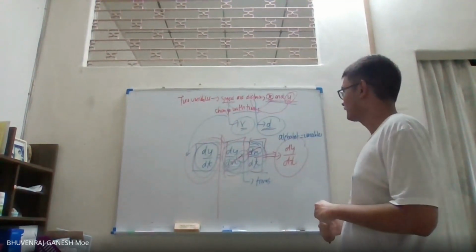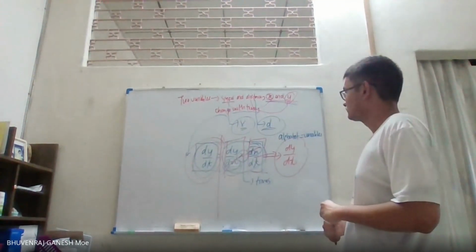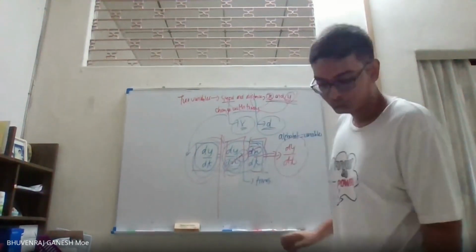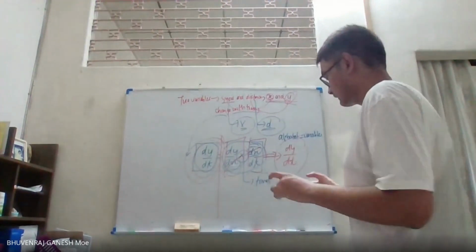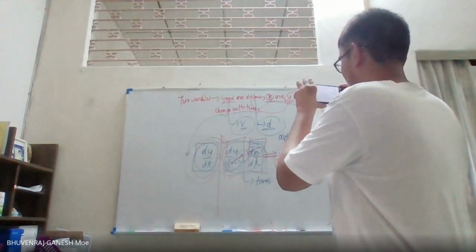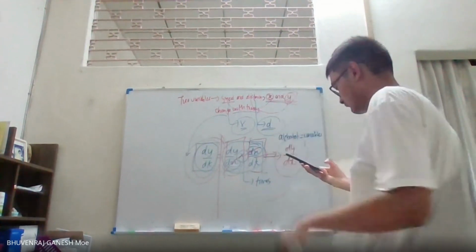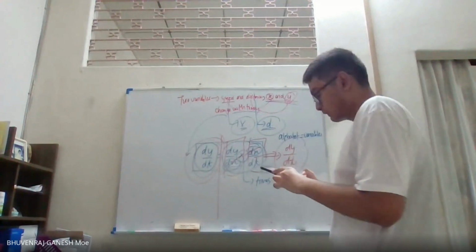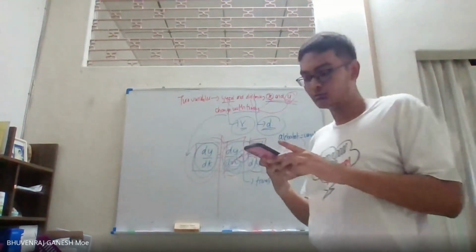So let's say we apply it to an application question. Let's say I give you a cylinder or something like that. Or we go directly to the question I sent to the group, which is better.